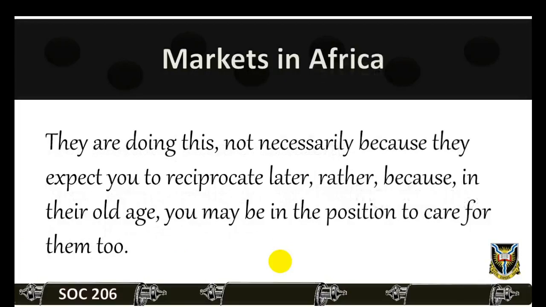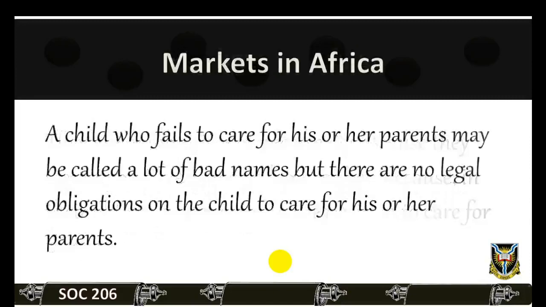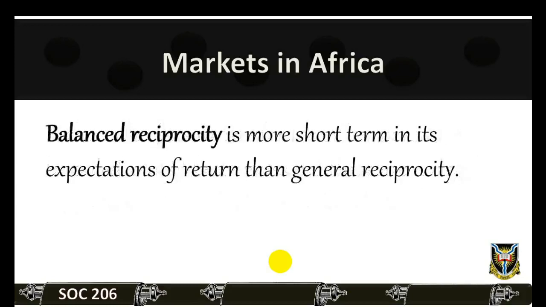They are doing this not necessarily because they expect you to reciprocate later, rather because in their old age you may be in the position to care for them too. A child who fails to care for his or her parents may be called a lot of bad names, but there are no legal obligations on the child to care for his or her parents.